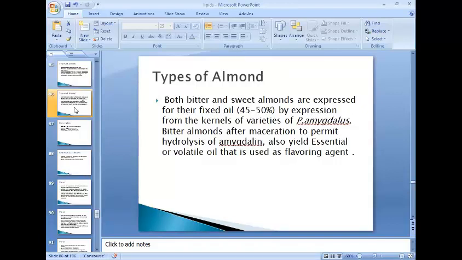Bitter almond, after maceration to allow the hydrolysis of amygdalin, results in an essential or volatile oil that is used as a flavoring agent.